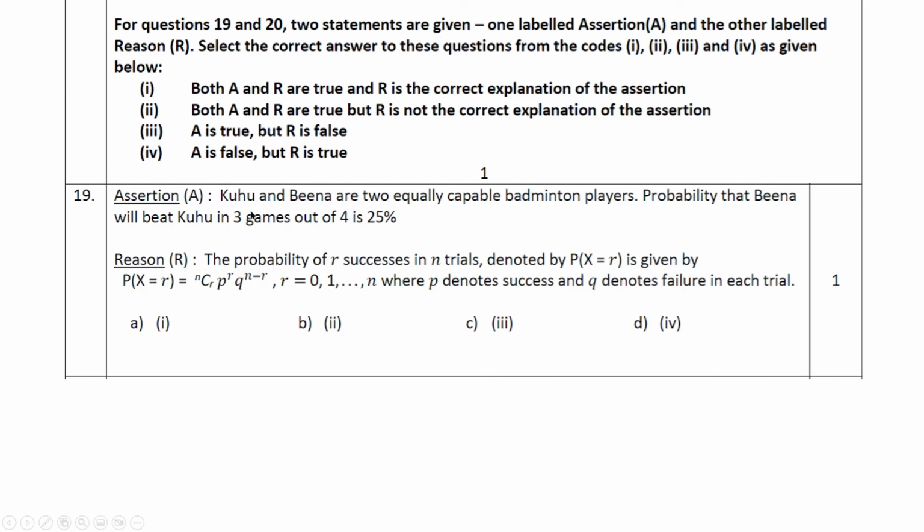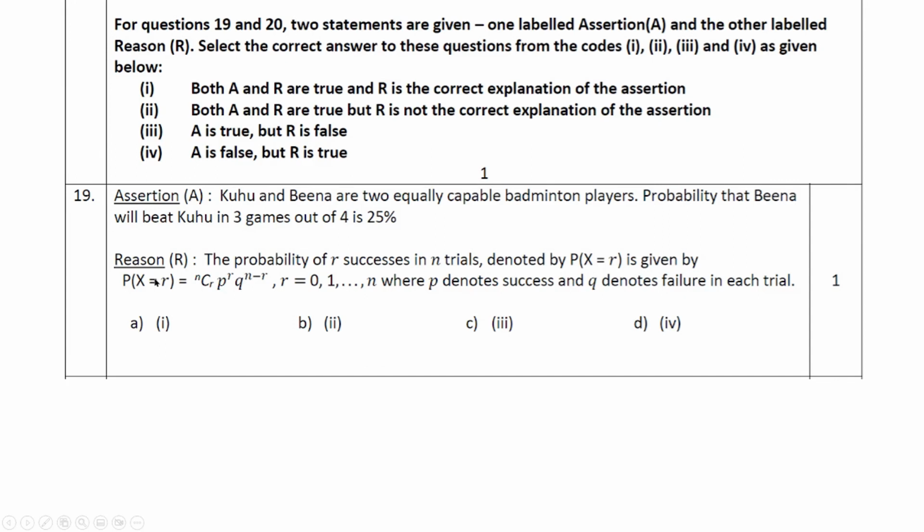Now let us take the 19th question. The assertion is Kuhu and Beena are 2 equally capable badminton players. Probability that Beena will beat Kuhu in 3 games out of 4 is 25%. So this is the assertion. First we have to check whether the assertion is true or not, and whether the reason is true or not.